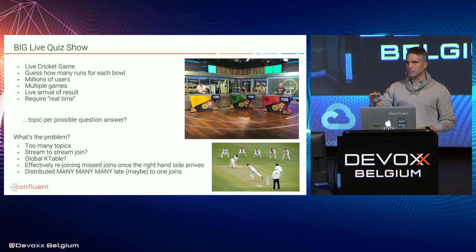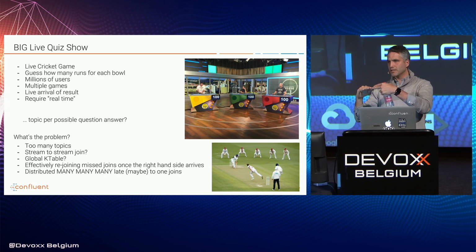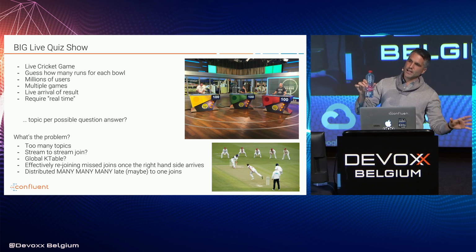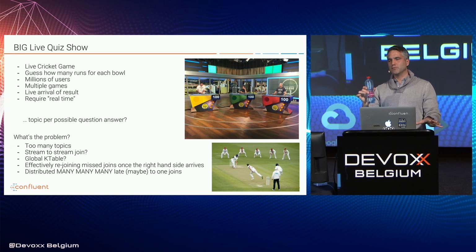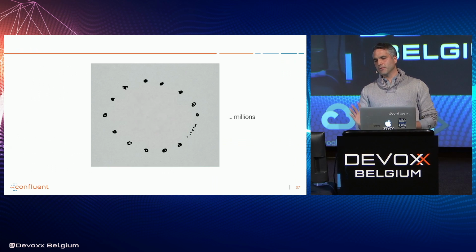So the answer will be in the global k-table, and then new responses will join against it as they arrive. But all the early answers that got there before the answer was available will be dropped effectively. If you did an outer join, you would get null results out of the join for the early responses. So it's kind of half a solution. And we want to make it as distributed as possible to get the latency as low as possible. So what can we do?